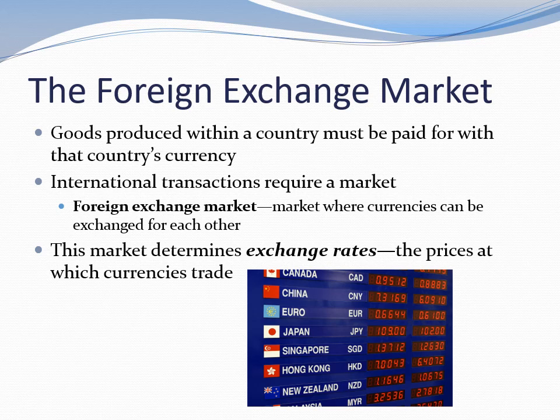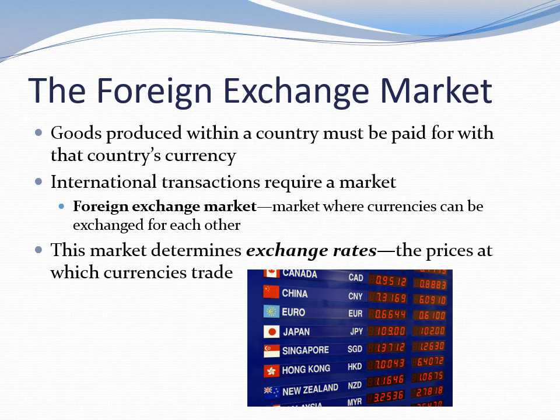Now, this market is going to be like any other single market that we've already learned. The y-axis is the price, the x-axis is the quantity, and you've got a supply and demand curve. The equilibrium price for the currency is going to be called the exchange rate. And this is the price at which currencies trade.